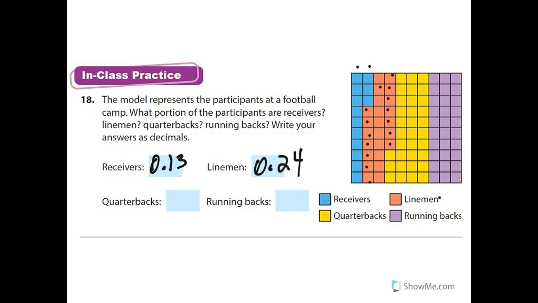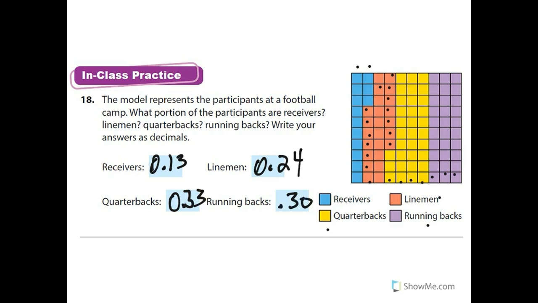And then quarterbacks, we've got 10, 20, 33. So quarterbacks would be 0.33. Make sure to put that decimal there. And then running backs, 10, 20, 30 hundredths.